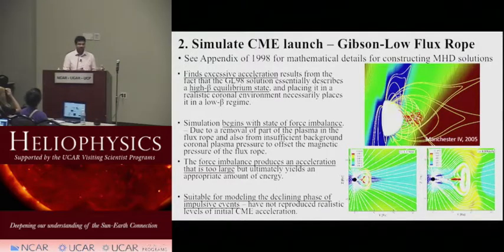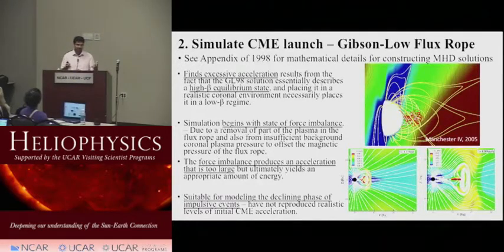Essentially, this is because it has a high beta equilibrium state. And placing it into a realistic coronal environment necessarily places it into a low beta regime. The other thing was simulation begins with a state of force imbalance, and that's due to the removal of part of the plasma in the flux rope, and is also from insufficient background of the coronal plasma pressure to offset the magnetic pressure of the flux rope.